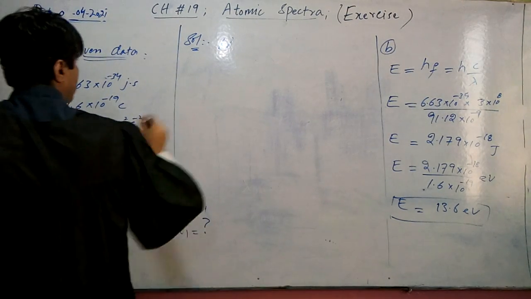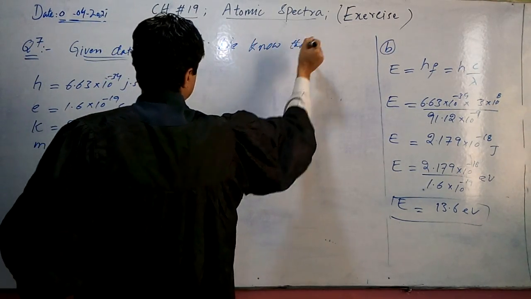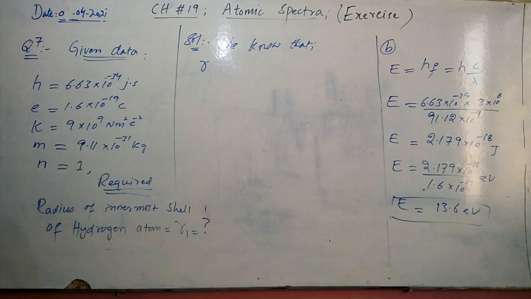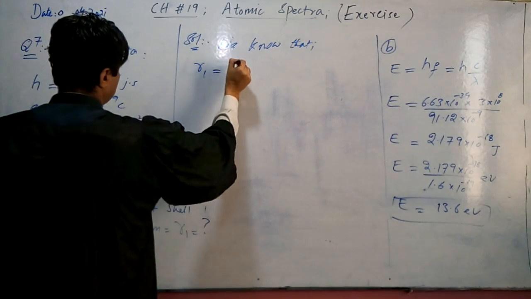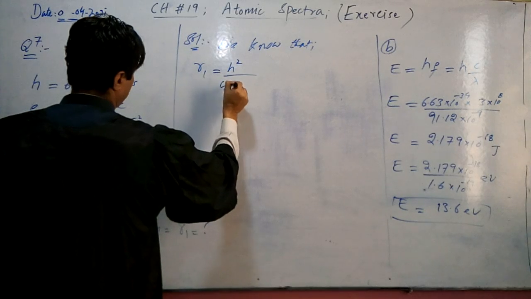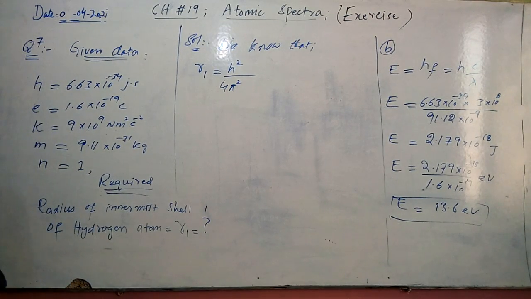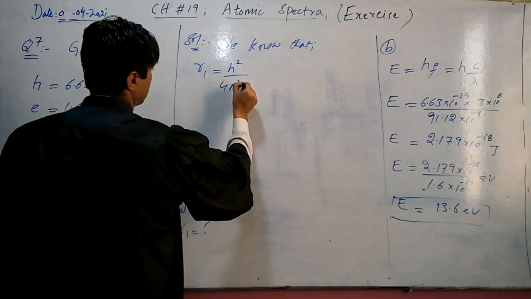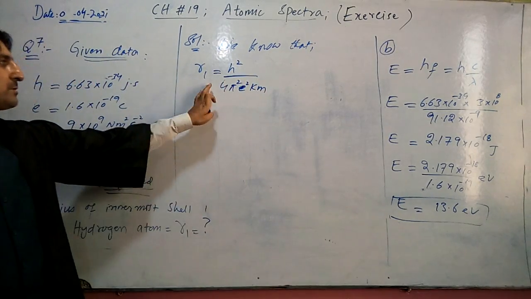The radius of the quantized orbit r1 is equal to h square divided by 4 pi square e square km. Dear students, you must memorize this formula.